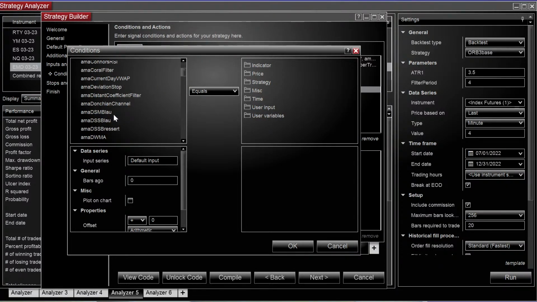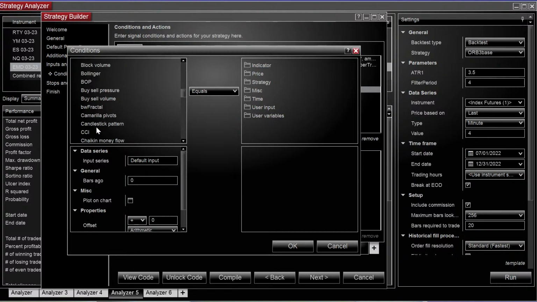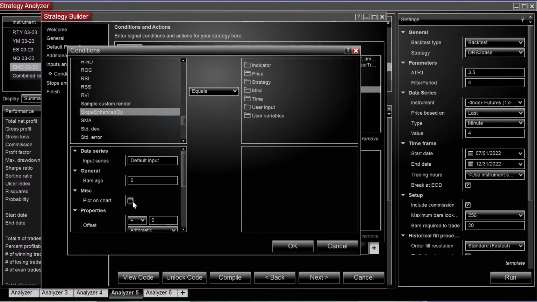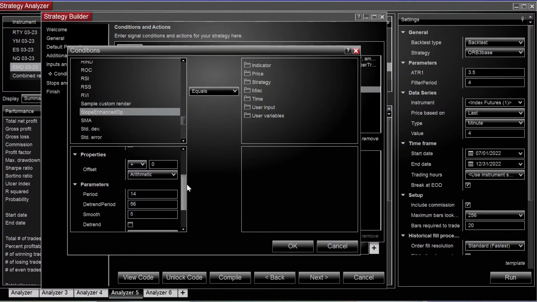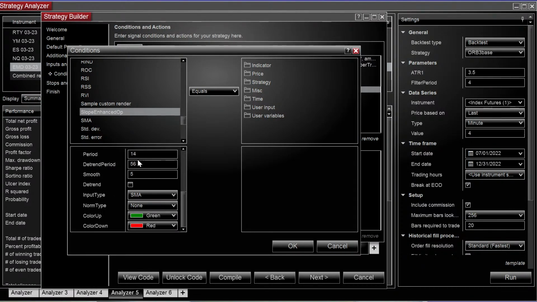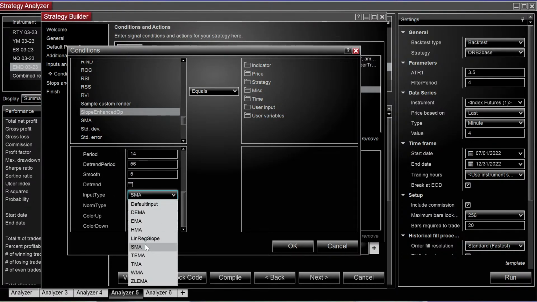So let's go down to our slope. We're not going to plot it because we're using it on a higher time frame. It has different MA types that we'll definitely experiment with.